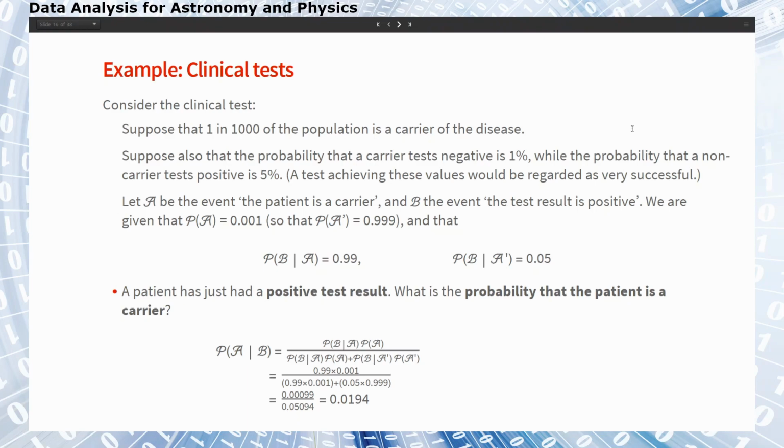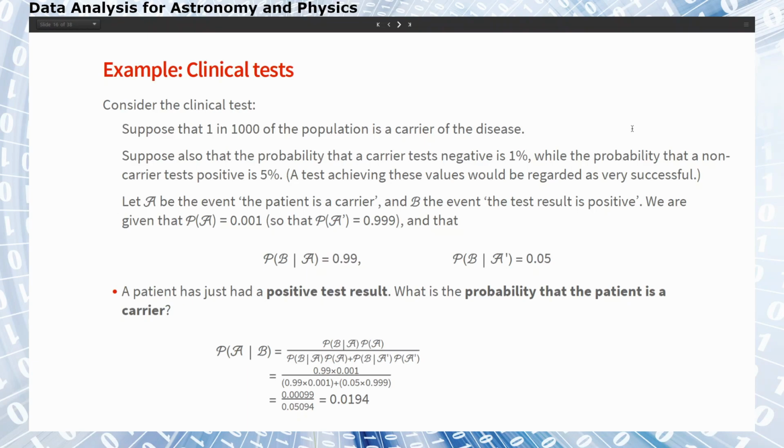The probability that somebody with the disease tests negative is still 1%. But the test is also not always negative for non-carriers, so the probability that a non-carrier tests positive is 5%.